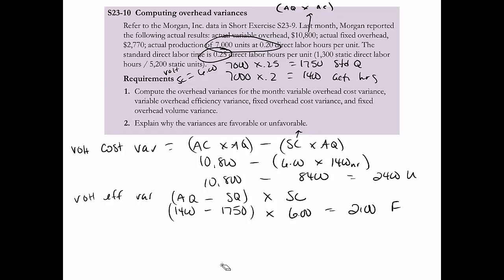Then it wants the two fixed overhead variances. I'm going to run out of room here.